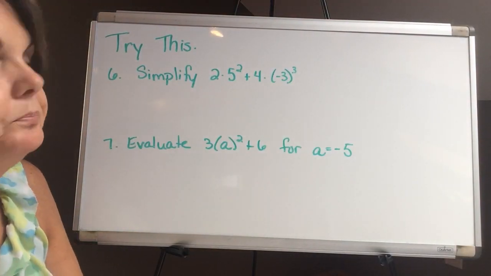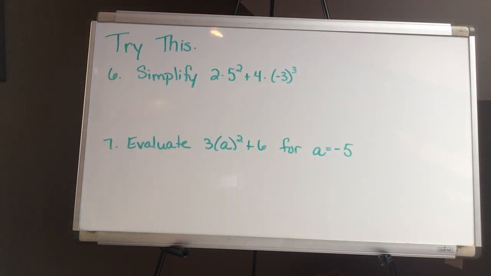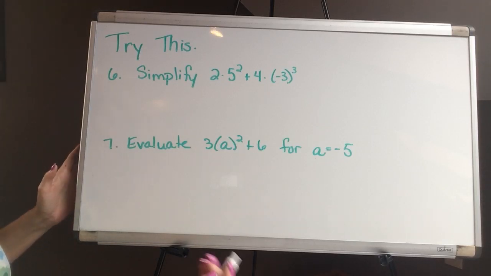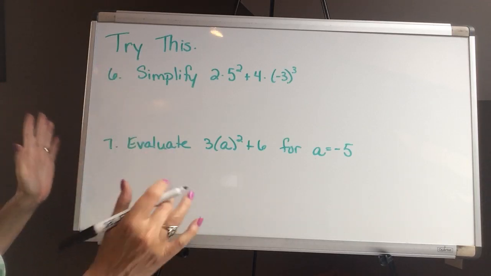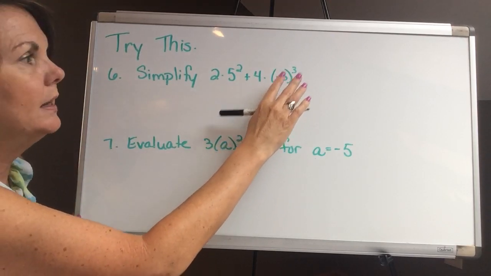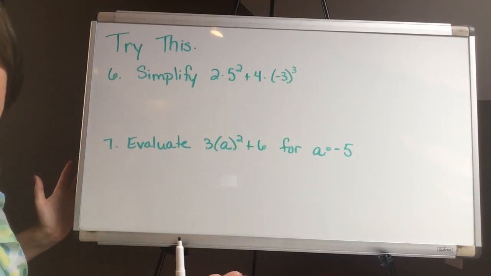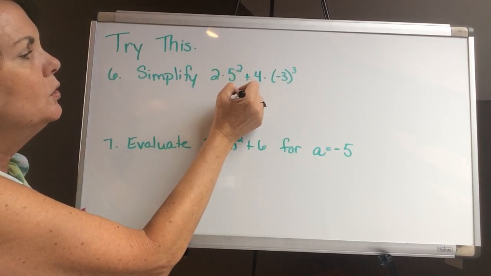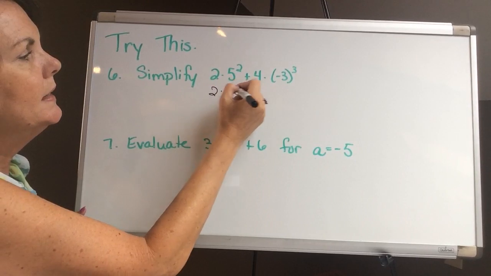Let's try a couple. Simplify 2 times 5 squared plus 4 times negative 3 to the third power. Okay, so I have nothing in parentheses. These parentheses are only showing you negative 3 to the third power. So my next step is exponents. So I'm going to take care of 5 squared is 25. Bring that down.